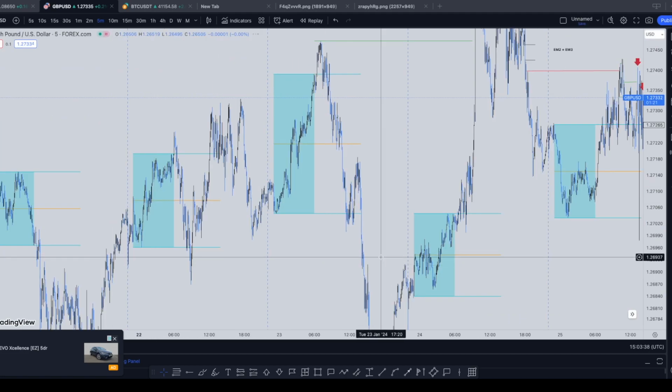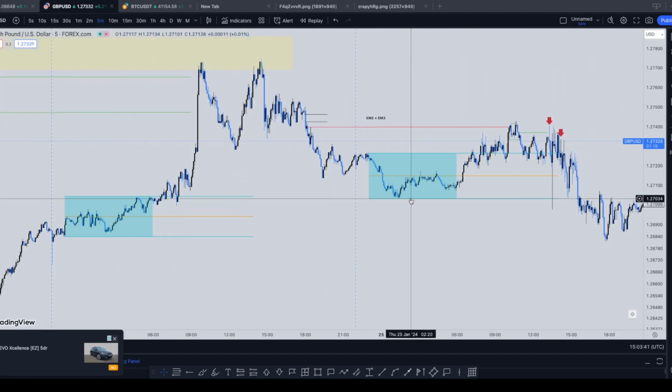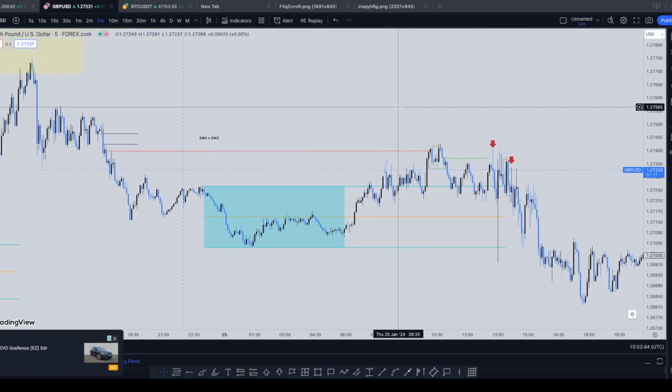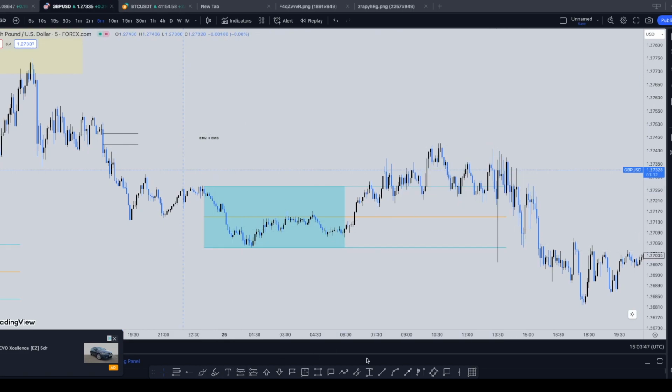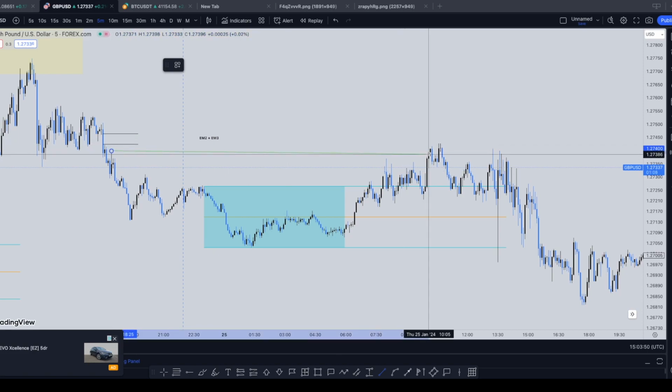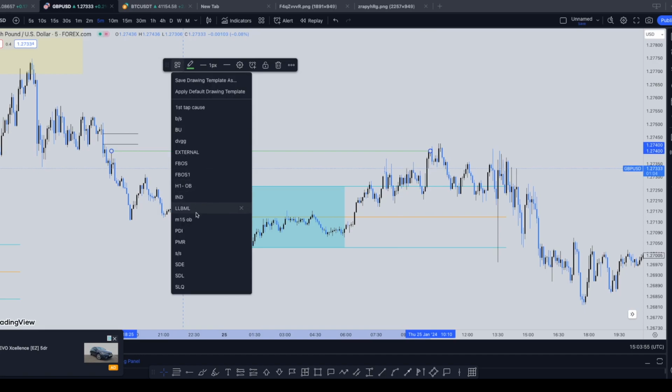Okay, now there's actually entry model 2 within this range as well. Okay, so if we go back into this now and I just delete all of this chart work off, obviously we have the same narrative as before. So prices hunted this previous daily internal, etc., etc., our internal range liquidity, and bear with me.